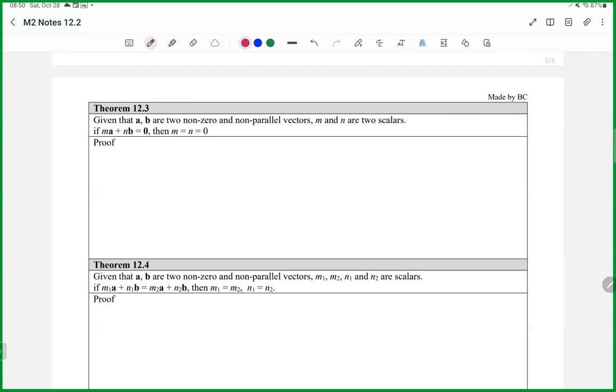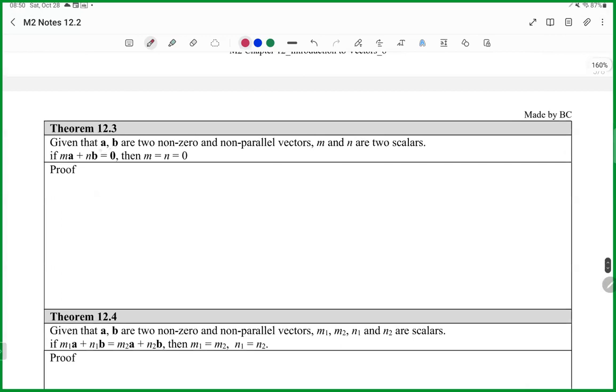Next one is to prove two theorems. If there are two non-zero vectors A and B, non-parallel, so these are two base vectors. One is A, the other one is B. And somehow their combination, this I call a combination.